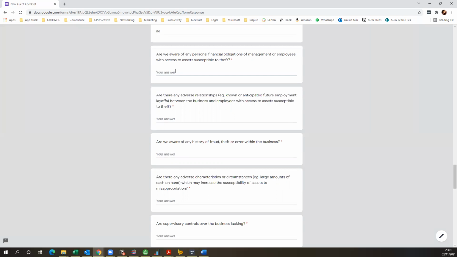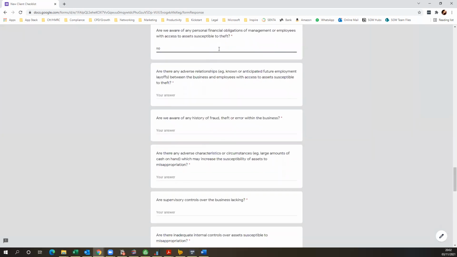So small, very valuable assets, where maybe they've got loads of them. Again, we probably wouldn't be aware of this during the initial take on of the client. But if anything has been said or suggested, or you've seen anything that might suggest anything wrong here, then just make a note of it.